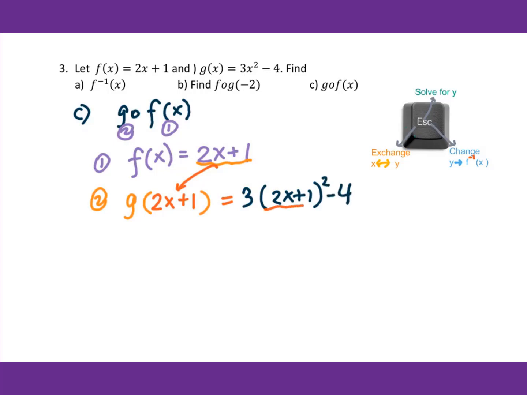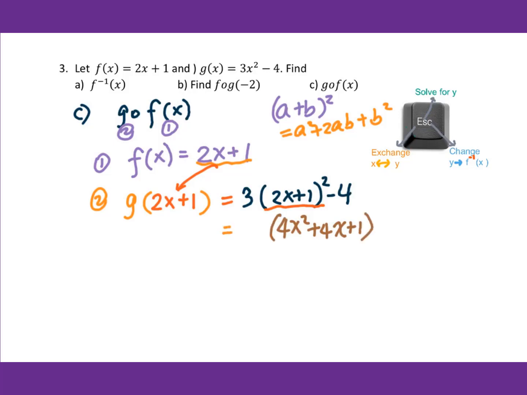For 2x plus 1 squared, remember the pattern a plus b squared equals a squared plus 2ab plus b squared. Therefore, you will get 2x squared is 4x squared. 2x times 1 times 2, that is 4x. 1 squared is 1. Then we drop down this 3.